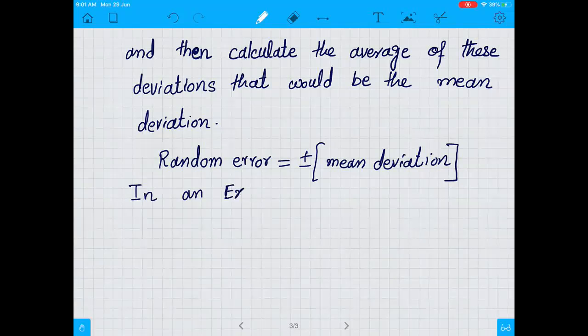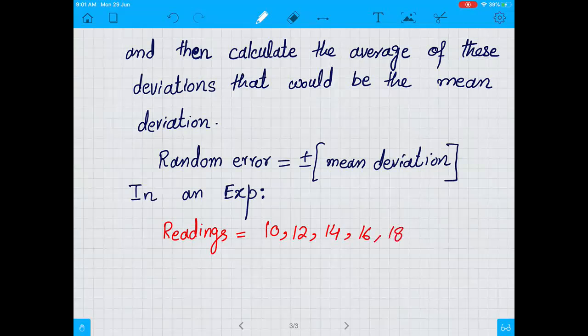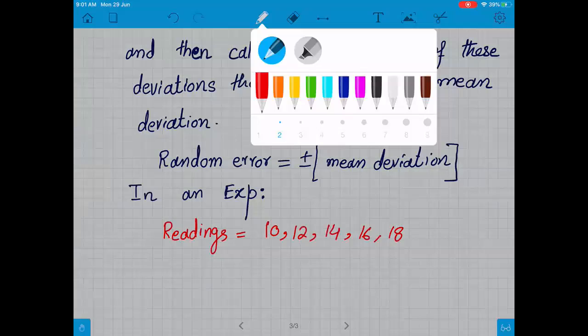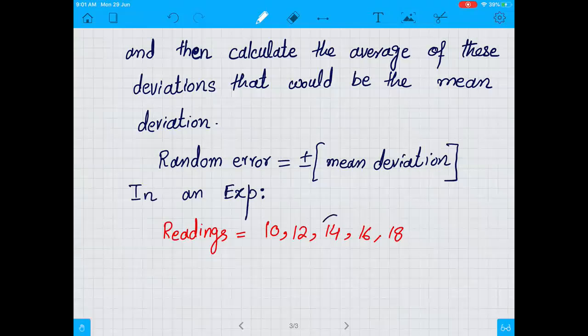Let's suppose you perform an experiment in which the readings are 10, 12, 14, 16, and 18. Here you see the average is 14. Now the average value is 14 and the readings are 10, 12, 14, 16, and 18.